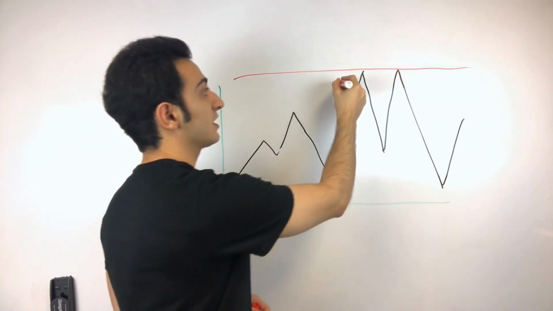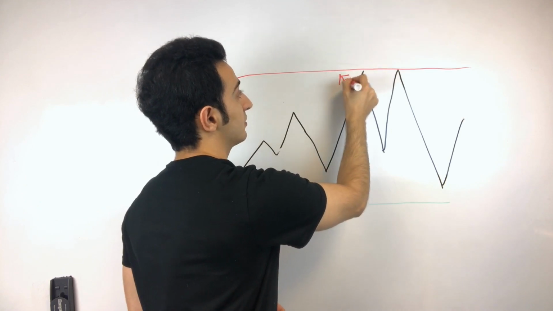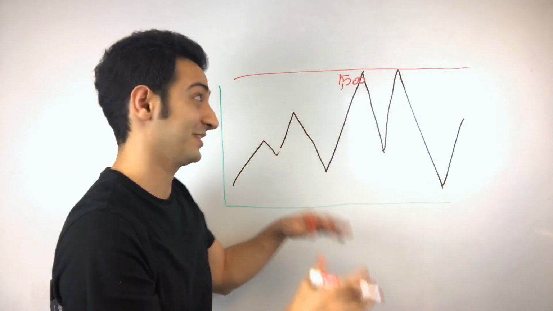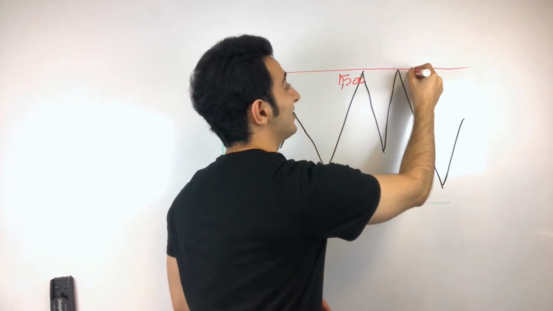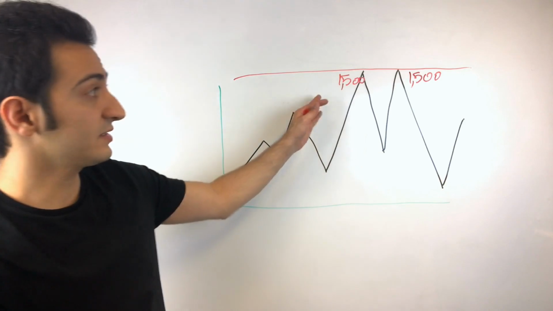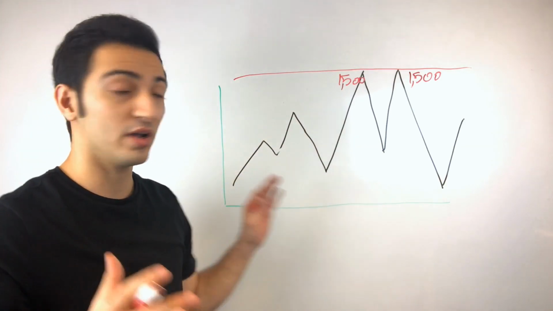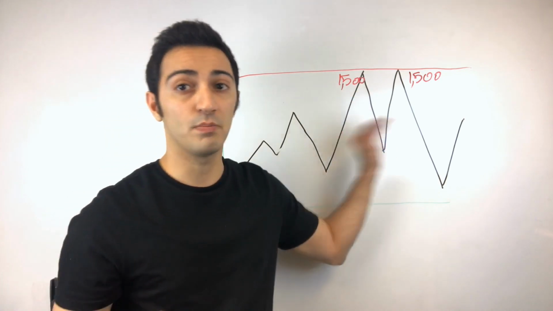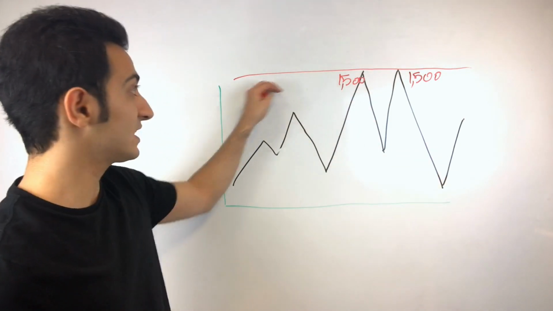Let's say the price was about 1,500. This is an example, guys. The Bitcoin price is not 1,500 right now. It's way more than that. So let's say this is another 1,500. This means the price hit this 1,500 limit twice, and it didn't go above that. So this is a resistance line.